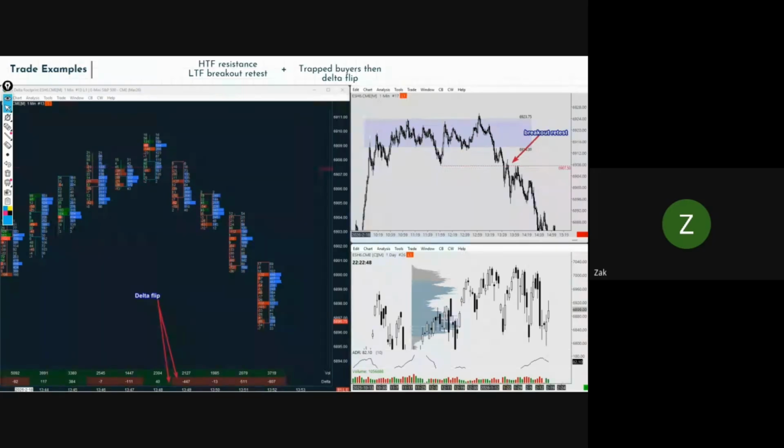Absorption looks the same on a 1 minute bear flag as it does on a 15-minute bear flag. There's no real way to know. One way I decipher it is the delta flip, how heavy it is. But my process is that when I get into a trade, I have a way of de-risking the position, and then I just let the runners do their thing.